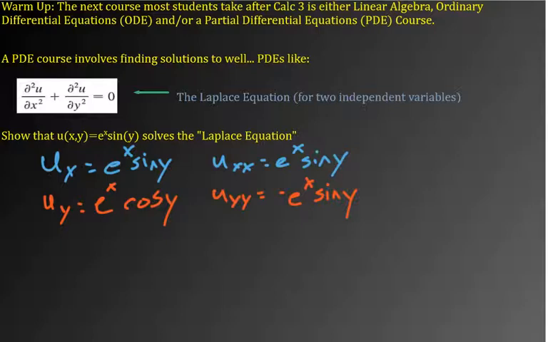And so then if you take these and you just plug them in, you can see that it actually solves it. So if you do e to the x sine y minus e to the x sine y, the uxx plus uyy actually cancels out and gives you 0. Yay.